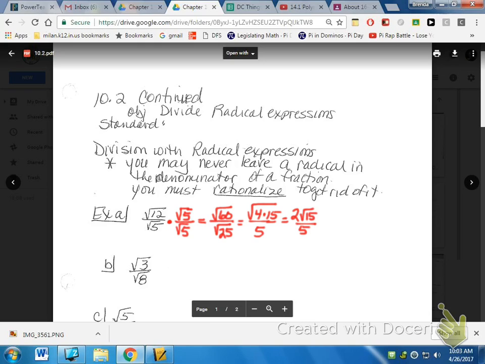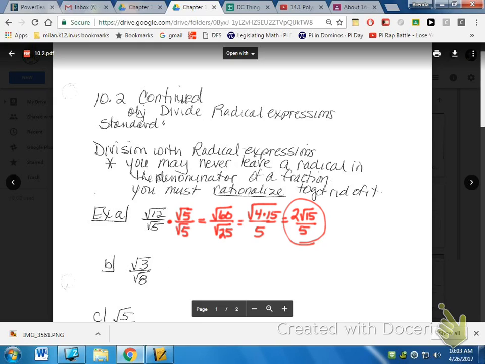Now I want you to understand the number under the radical cannot simplify with anything there because it's under a radical. The 2 and 5, if for some strange reason they would simplify, then you would do it. Otherwise, that's your final answer. 2 radical 15 over 5. All right, questions about that?